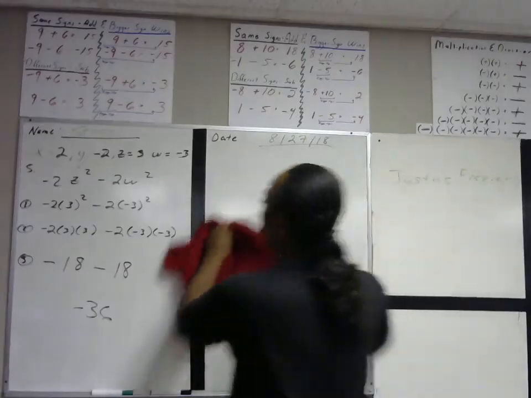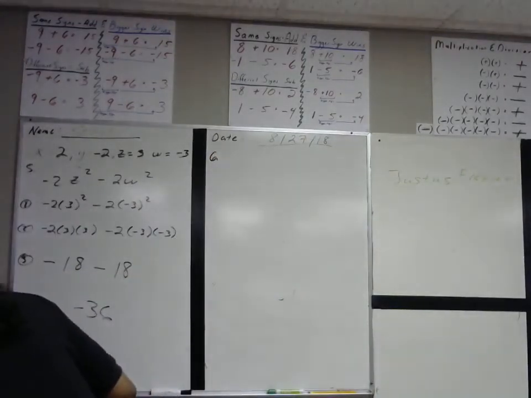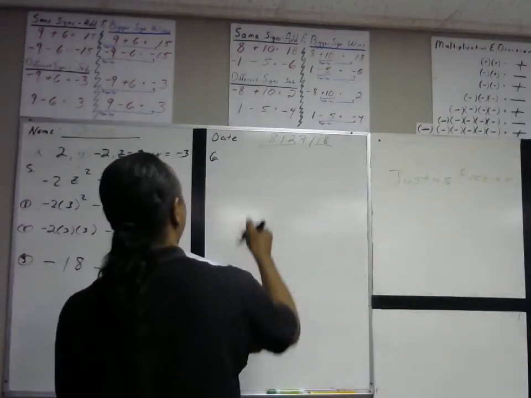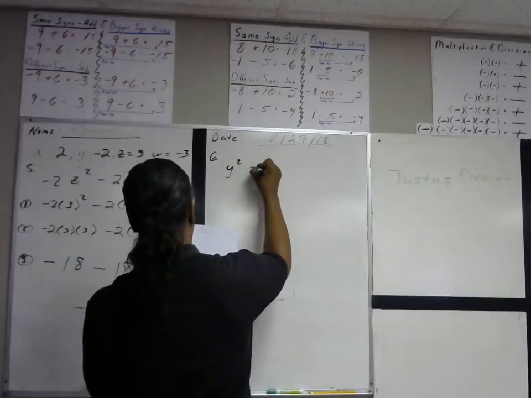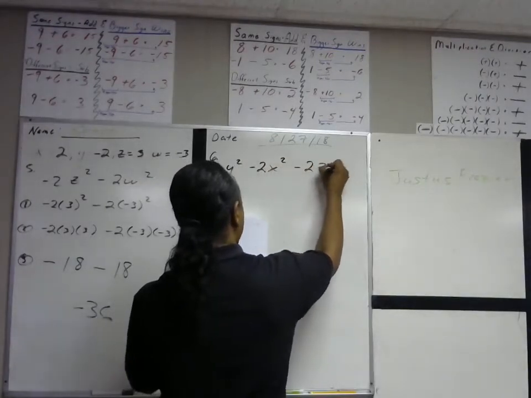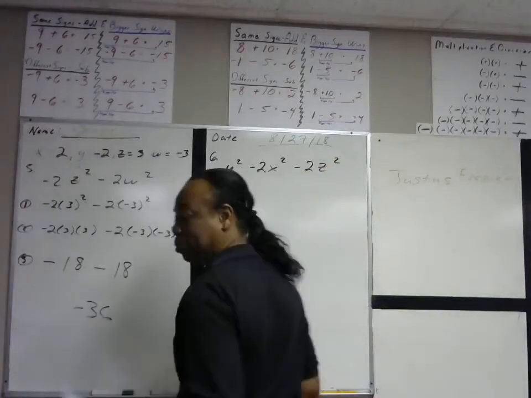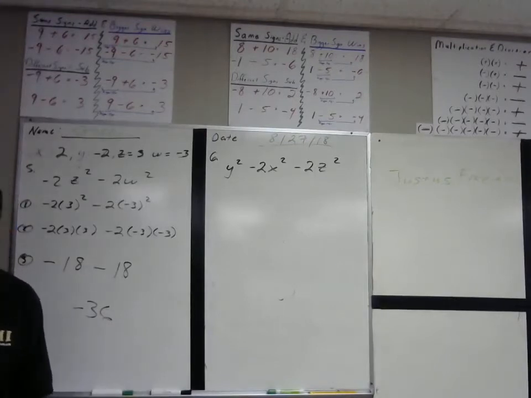Number 6, last problem. This one we have y to the second power minus 2x to the second power minus 2z to the second power. My first step will be substitution.